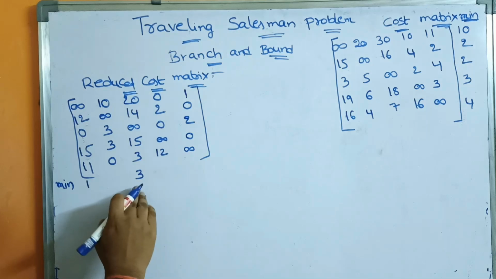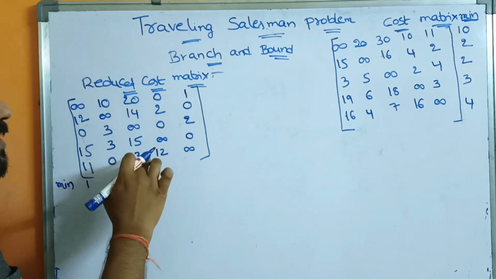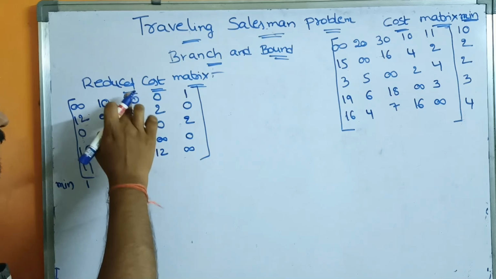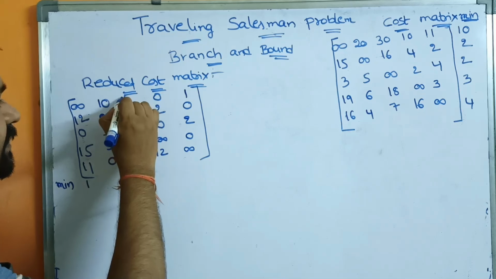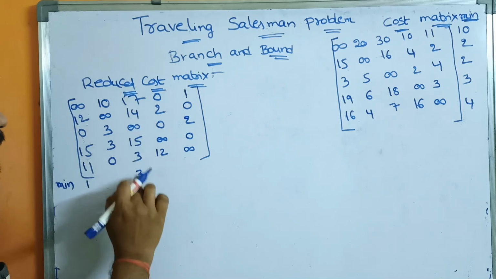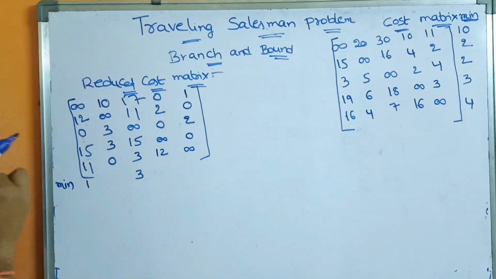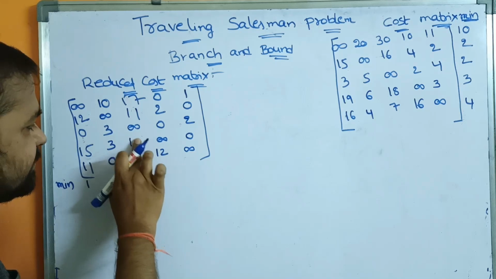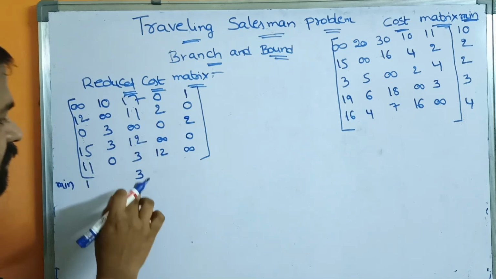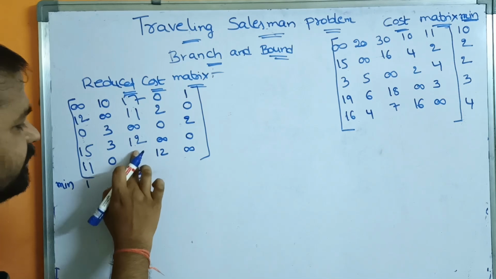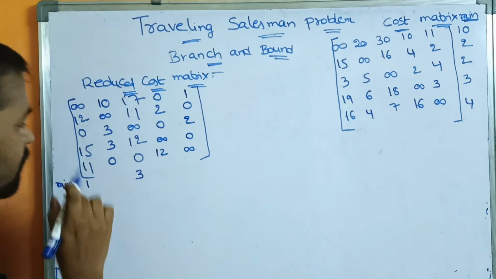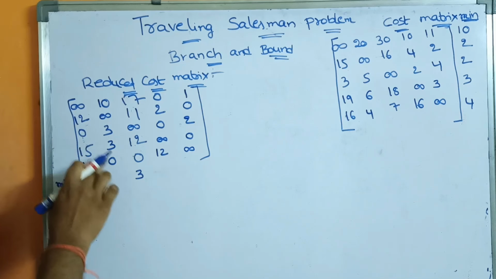Here we have to subtract each entry of this column with 3. So 20 minus 3 means 17. 14 minus 3 means 11. Infinity minus 3 means infinity only. 15 minus 3 means 12. Next, 3 minus 3 means 0. So here one entry is 0, one entry is 0.